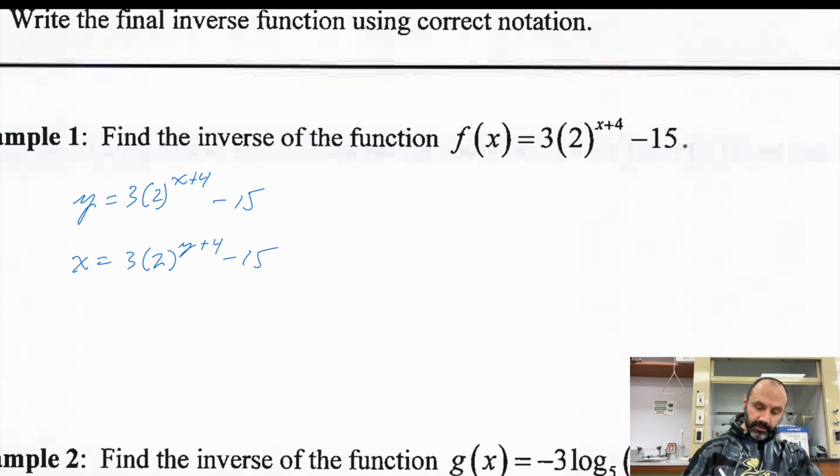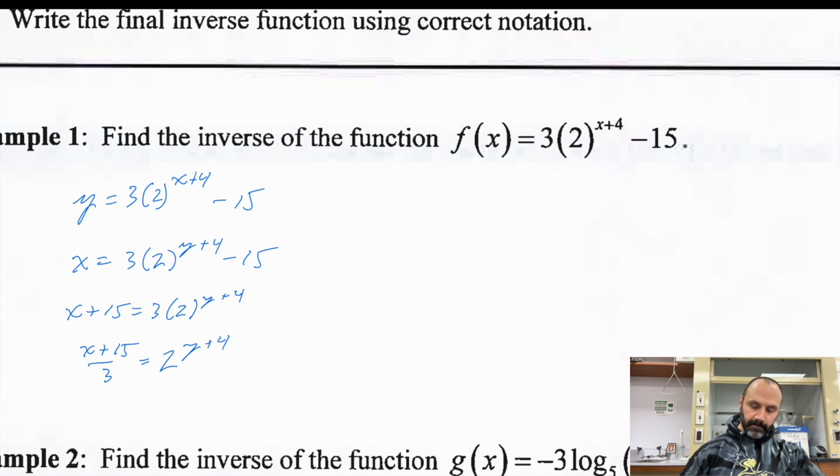Okay, so first thing I'm going to do is add 15 to both sides. So I get x plus 15 equals 3 times 2 to the y plus 4. I'm going to divide both sides by 3. So I get x plus 15 over 3 equals 2 to the y plus 4. Now I'm going to take the log of both sides, or rather rewrite this in logarithmic form, I should say.